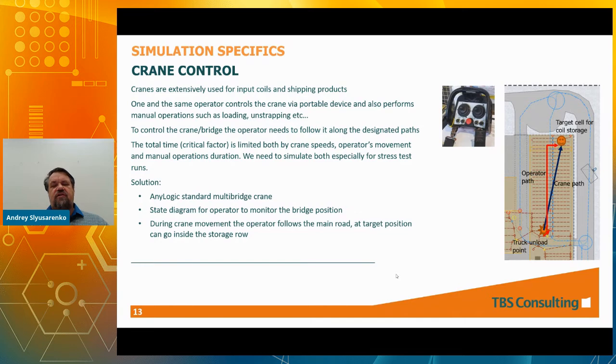But as the crane can go straight forward because it loads the coil high, the operator must follow the designated path due to necessary safety rules. That was done by combining AnyLogic standard multi-bridge crane functionality and also a state diagram for the operator who monitors the bridge position and decides when it is time to go inside the row to perform the necessary operations.